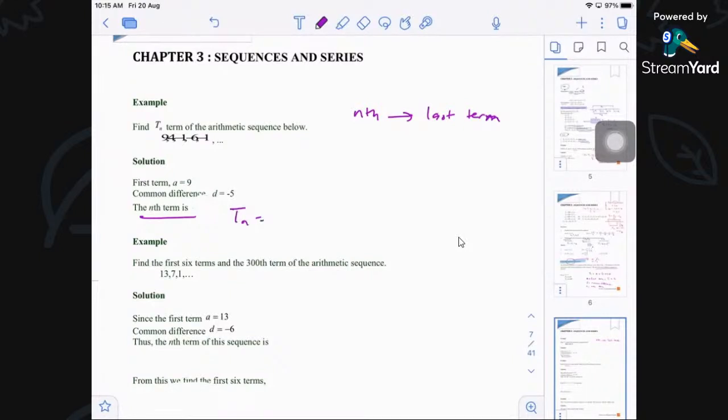So Tn based on the formula is a plus n minus 1 d. a there is 9 plus n minus 1, d there is negative 5. So here you get 9 minus 5n plus 5, so you get 14 minus 5n. So Tn is this. Can you see this or not? So that's how you get the nth term of the sequence.